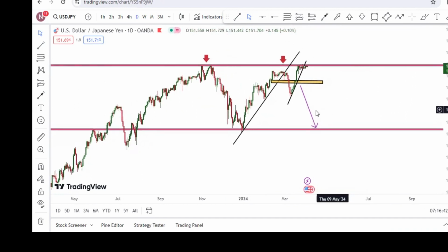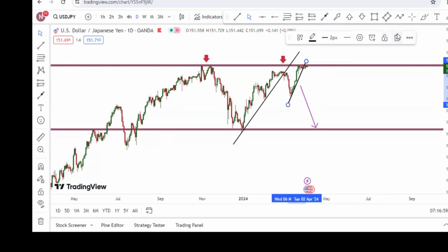But you can see, guys, the market did not break this counter trend line, so I didn't take any trade out of this pair. And that's the importance of drawing those counter trend lines, because it saves you a lot from unnecessary losses.